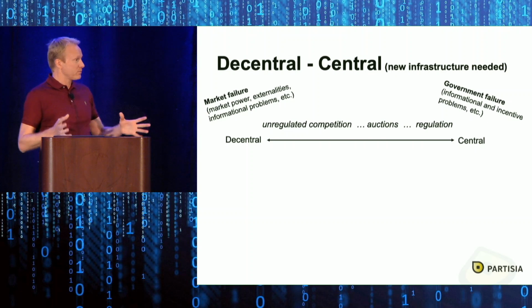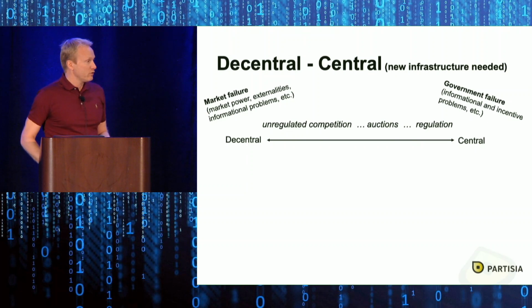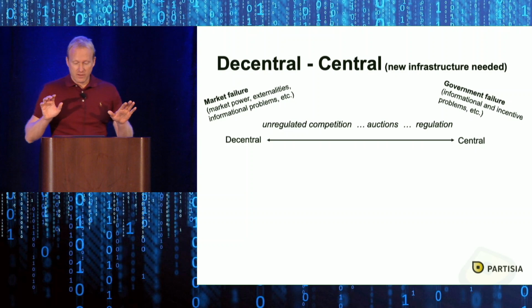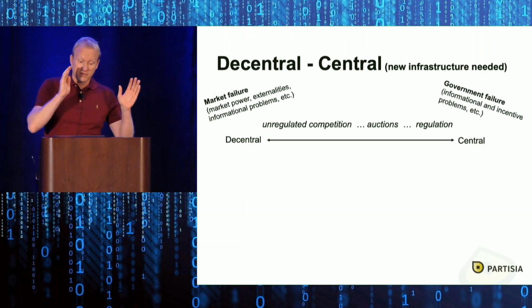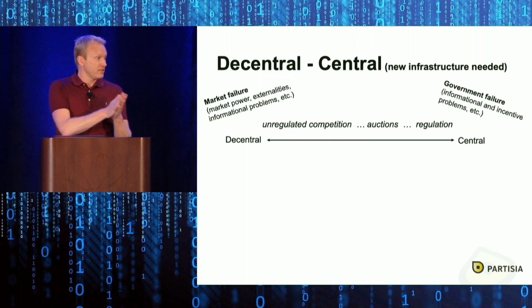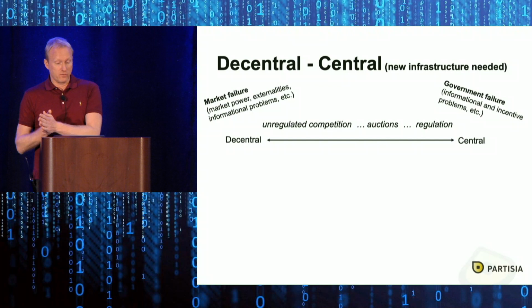That solves some of the basic problems that you have in the economy, whether you are in a decentralized or a centralized world. There's a lot of consensus about these problems. Whether you have the decentralized, you will have the market failures. In the central world, you will have the governmental failures.